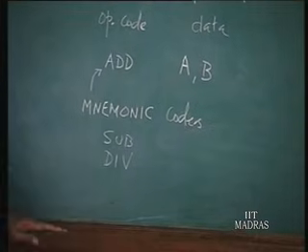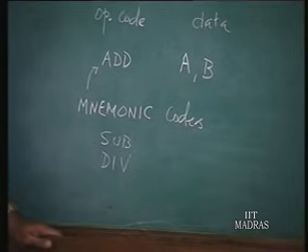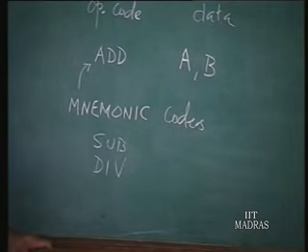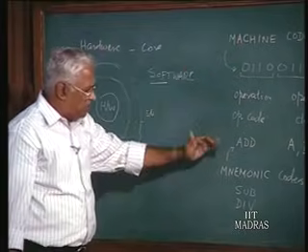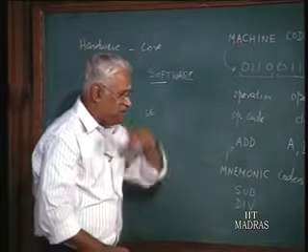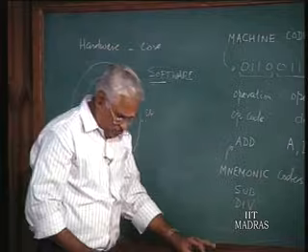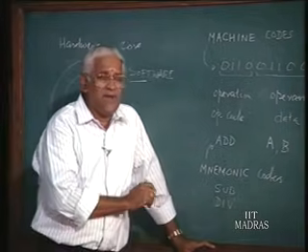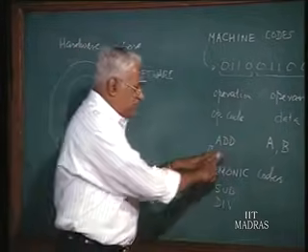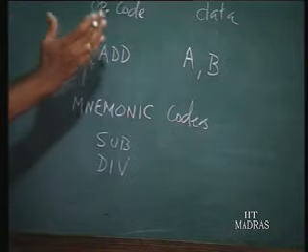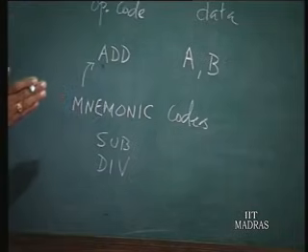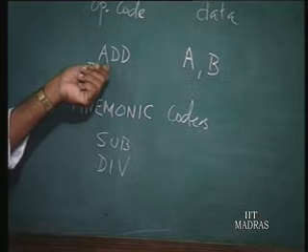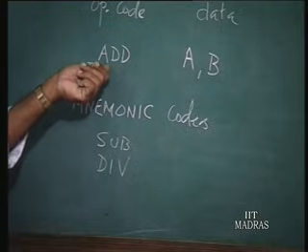It is easy to remember, one need not try very hard to remember this, fine. Now, from machine code we have gone to the next level. These codes are still at a lower level. Why? Because in each pattern like this, add A comma B or whatever it is, we are only specifying one operation, right.